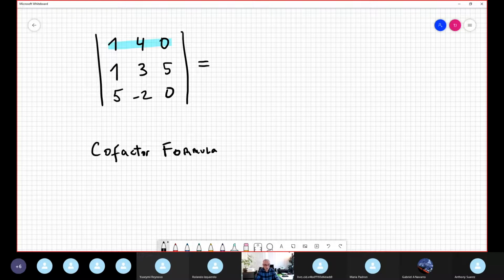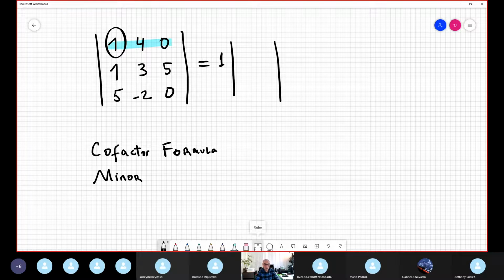Okay, so now I take the first number, which is 1, and multiply by the minor. What is the minor? The minor is a new determinant formed when you delete mentally the column and the row associated with this number, which is 1.